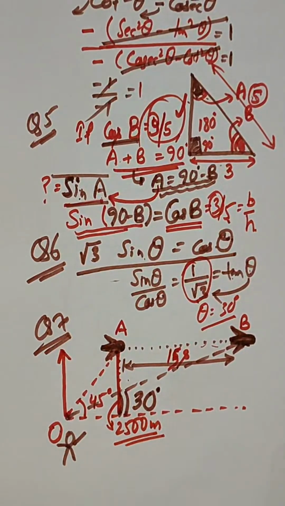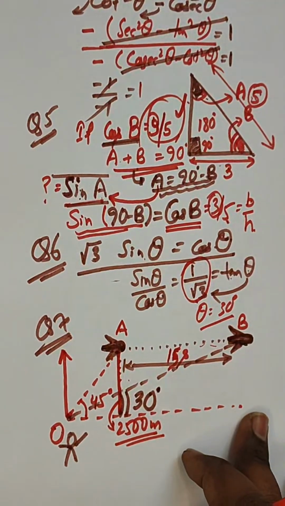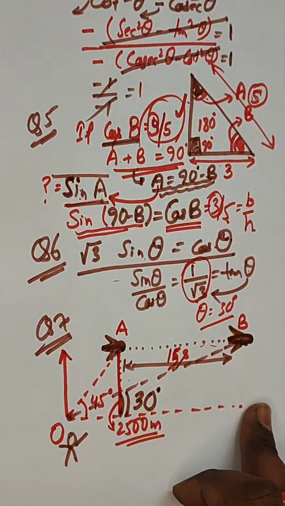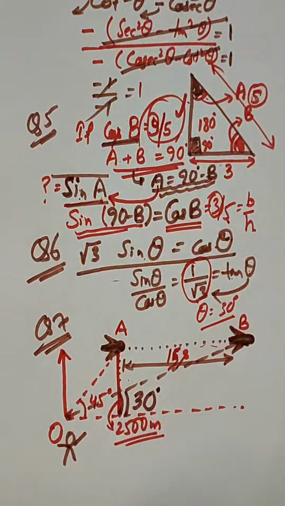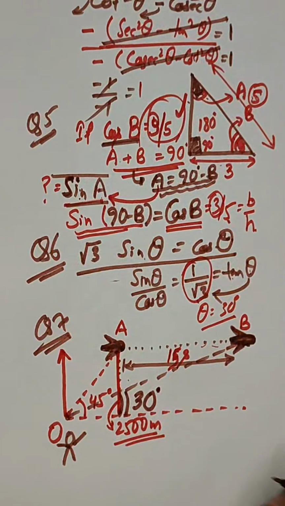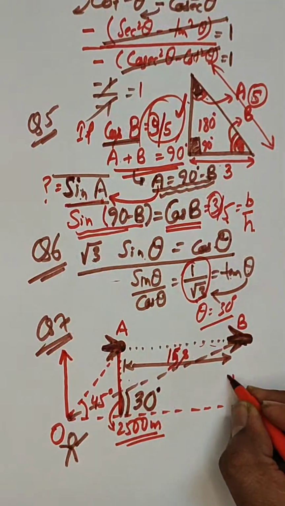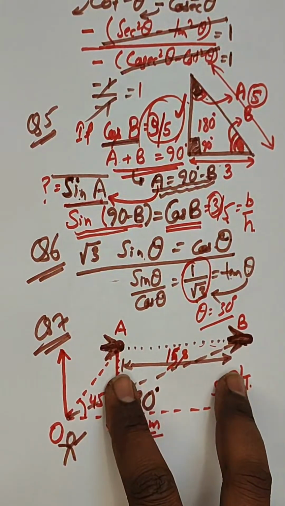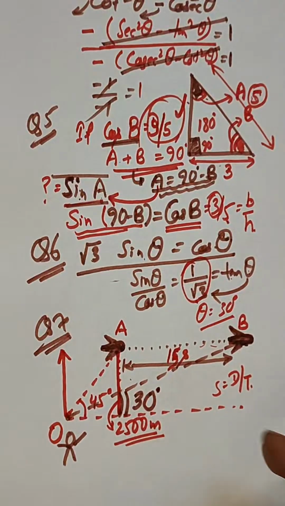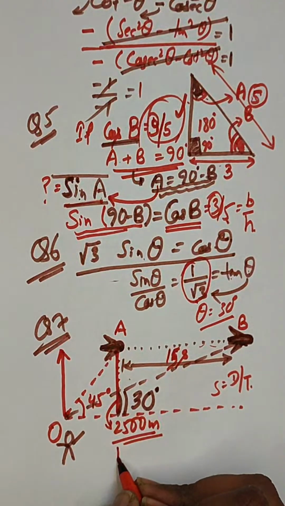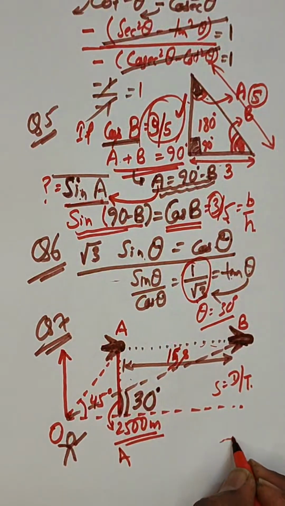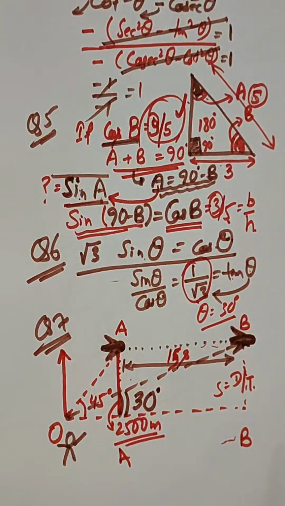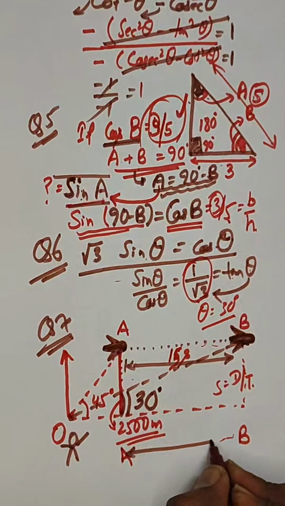To solve such questions, it is asked what is the speed of the aeroplane? So you know, speed is distance by time, right? What is the distance covered? You do not know it. You need to evaluate it from point A to point B. What is the distance which is covered?